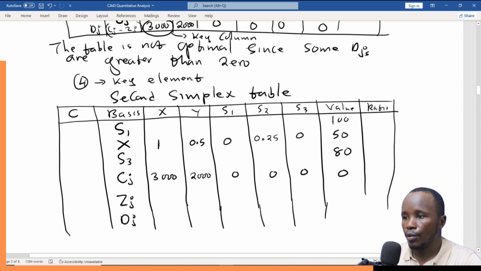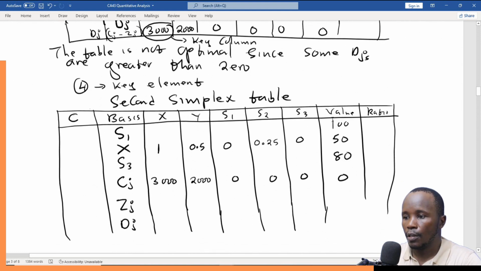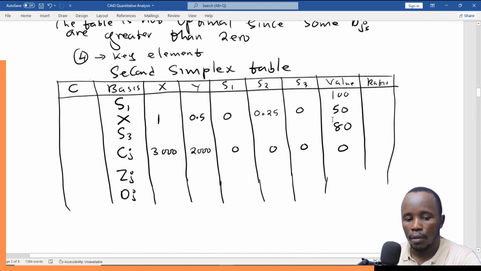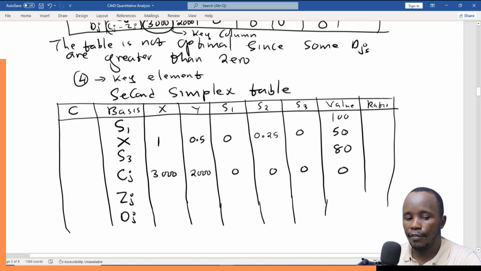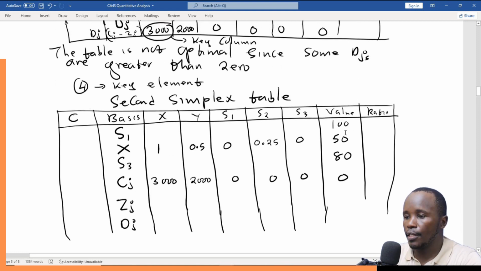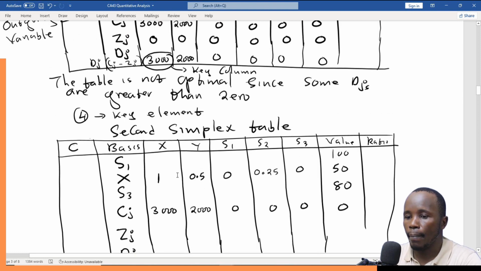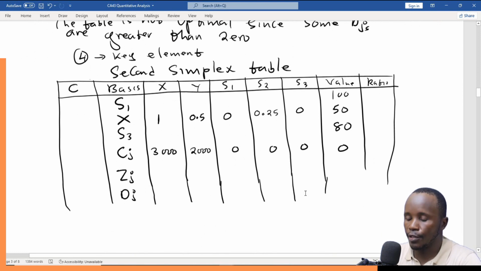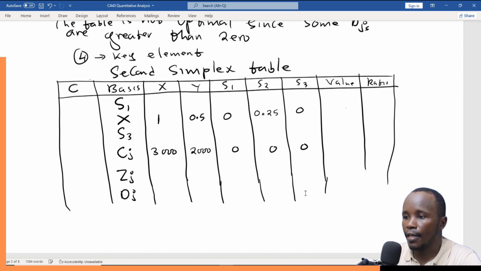This is 150. Let's do this. Let's leave the values in this column first. We are going to fill this column as we move on. Let's first fill S1.